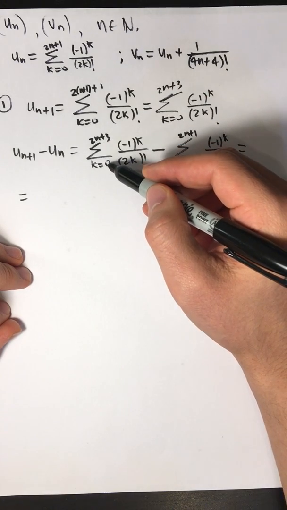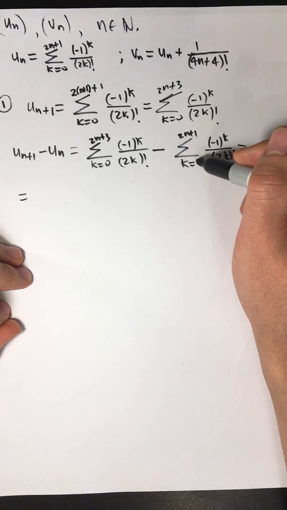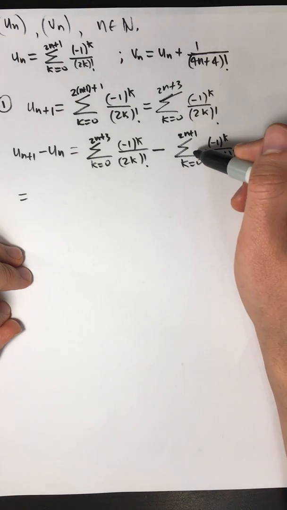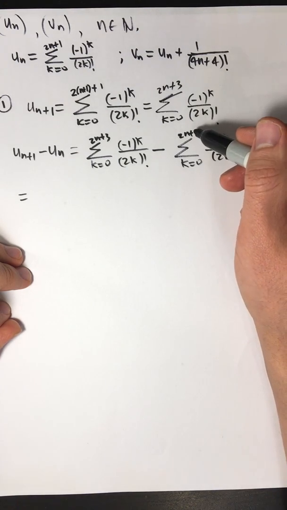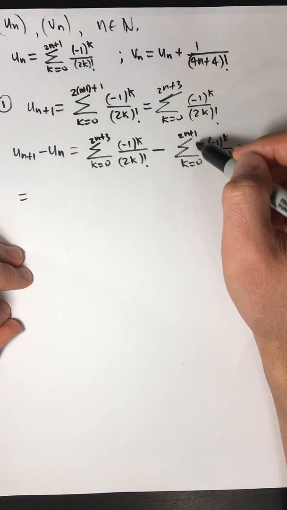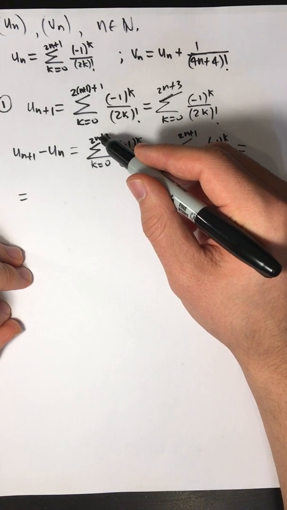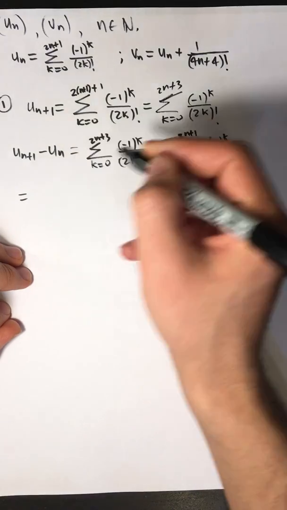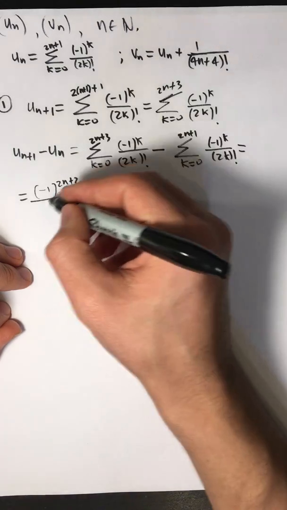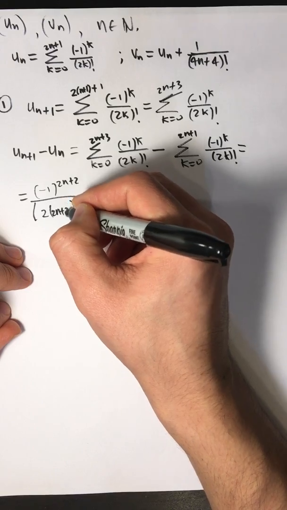And look, k goes from 0 to 2n plus 3, and here k goes from 0 to 2n plus 1. So whenever you subtract, everything from 0 to 2n plus 1 will be cancelled. So you will have 2n plus 2 and 2n plus 3. It means that k is equal to 2n plus 2 here, and then the factorial is 2 times 2n plus 2.